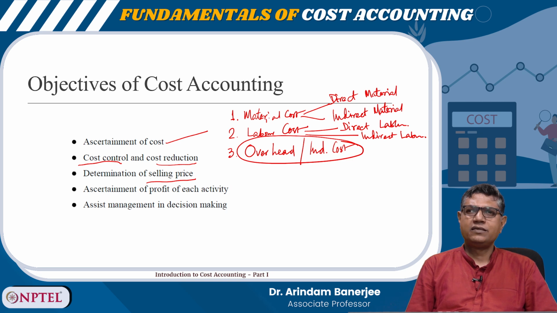So, I must sell my product in the longer term at a price which is higher than the cost price itself. For doing that, I must have the cost data, and it should be more or less accurate, it should reflect the true cost.